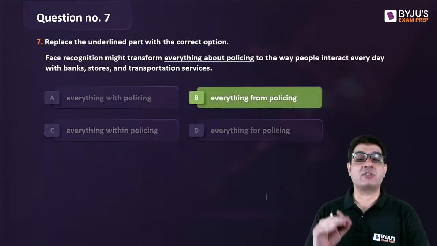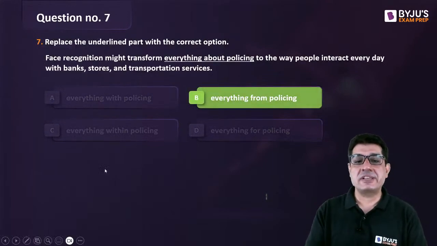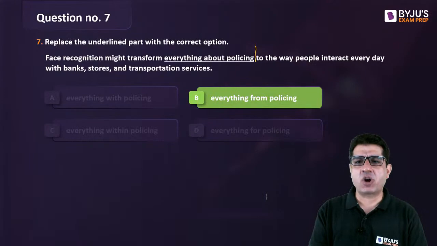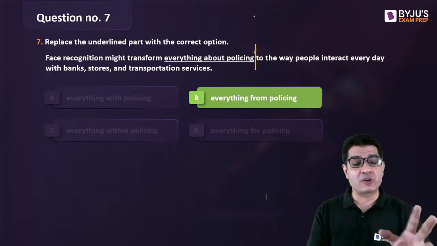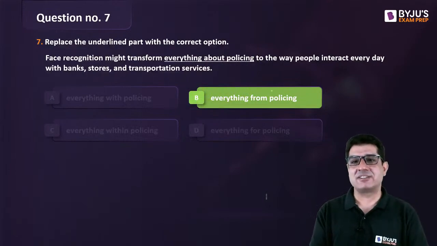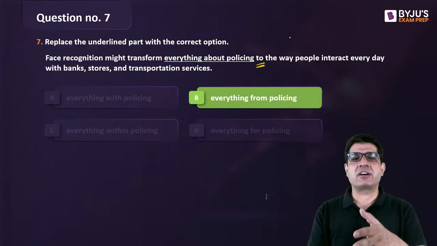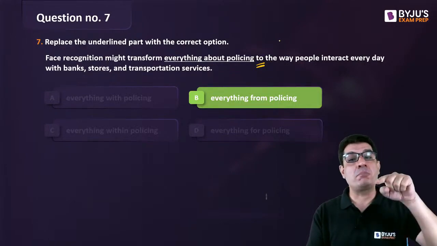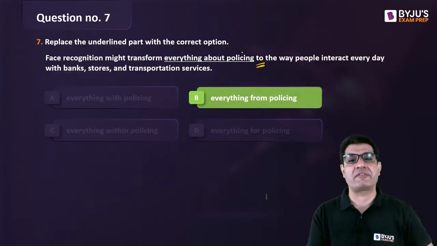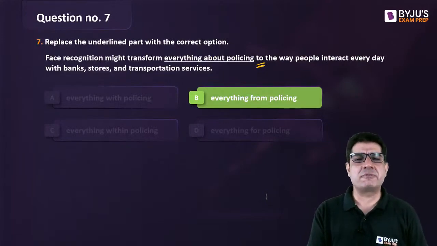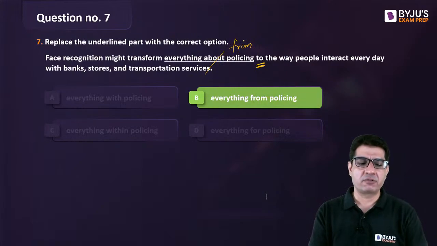The answer is B. Now, see, the funny thing is, if the sentence were to stop here, then this part is absolutely correct as it is. But it does not stop here, and it has a to. So face recognition might transform everything from policing to the way people interact every day. So this to basically forces our hand and asks us to replace this about with from.